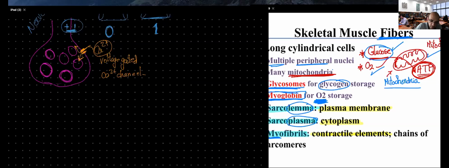We call the chemicals that will be released from the nerve cells neurotransmitters. Those vesicles containing the neurotransmitters are going to be mobilized and they will fuse with the cell membrane, releasing the neurotransmitters out of the nerve cell.